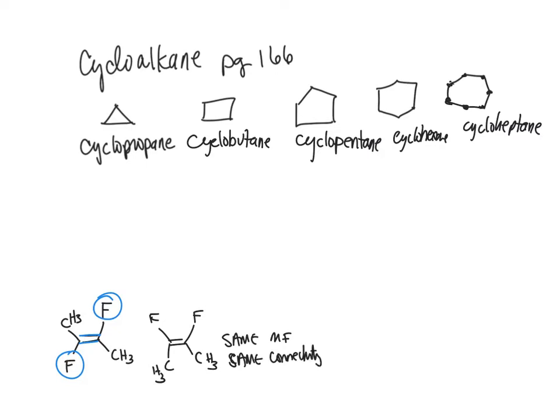Okay, so if they were different connectivity, they would be constitutional isomers, but they differ in their arrangement in space. And so this makes them stereoisomers. So this is 1, 2, 3, 4.